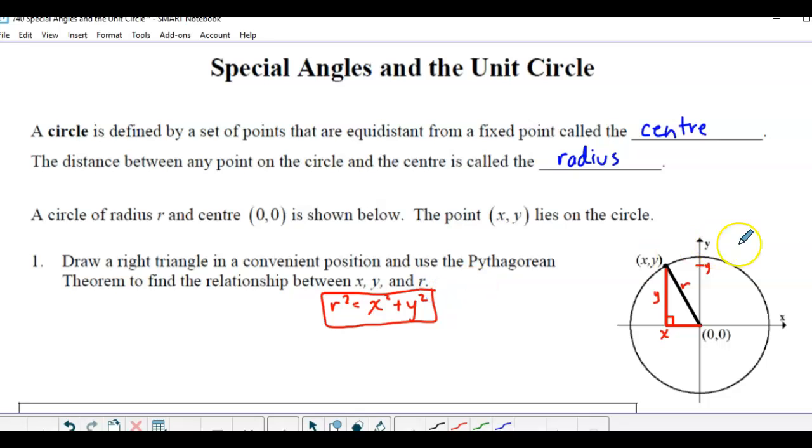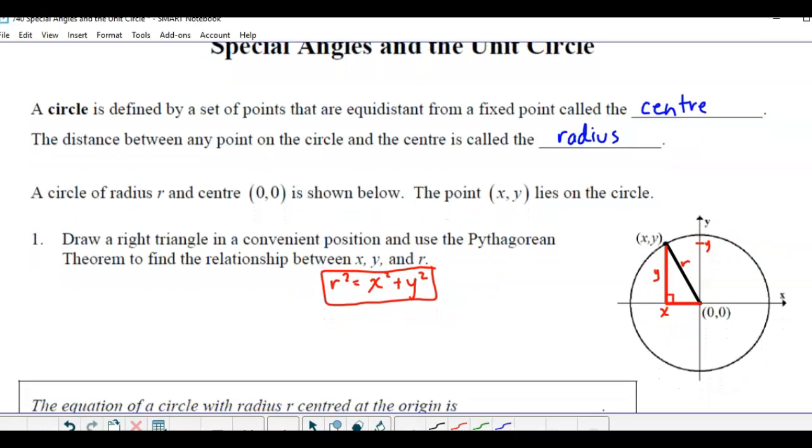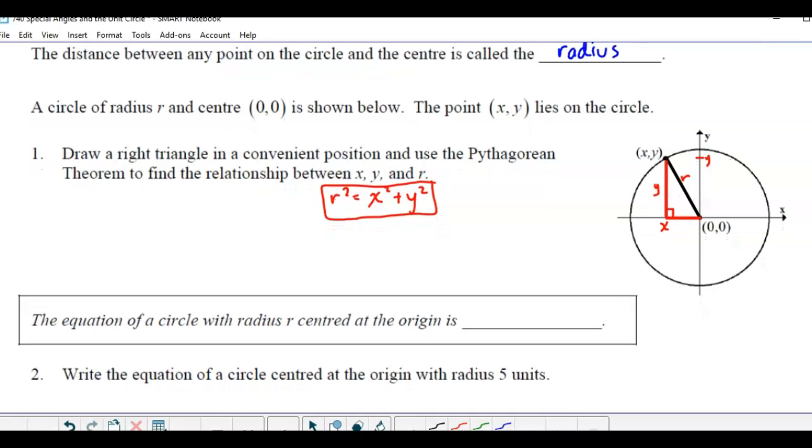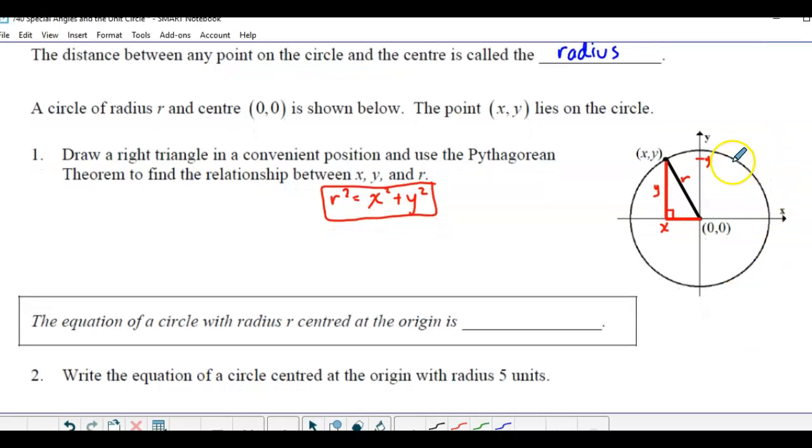Even though we're doing trig, you just found a new equation for a relation. It's not a function, because it's a circle and fails the vertical line test, but that's the equation of any circle that has a center of 0, 0.